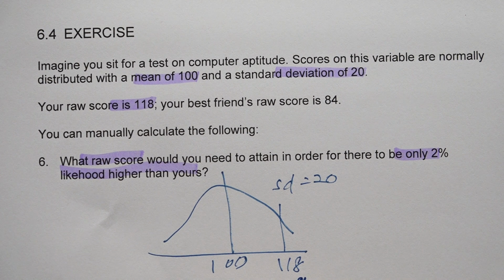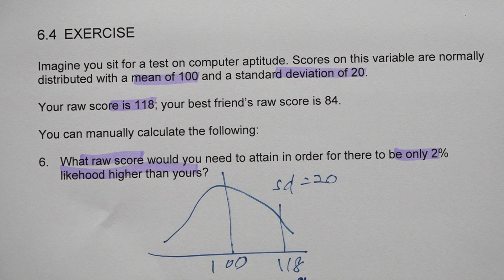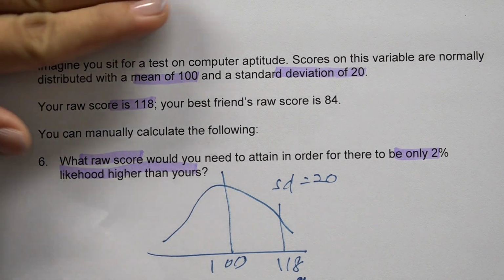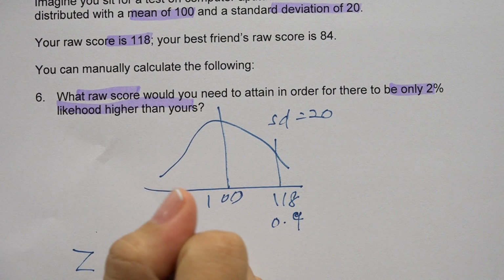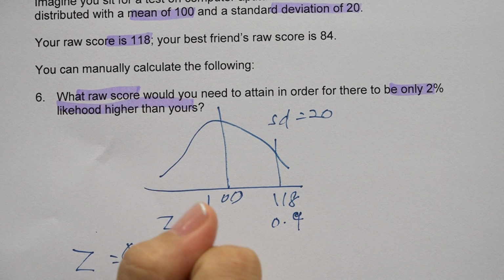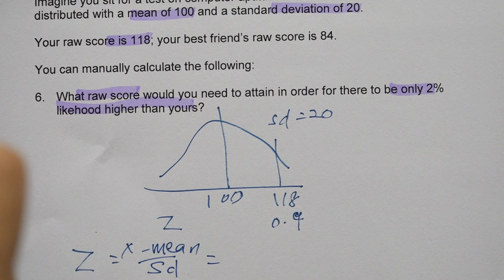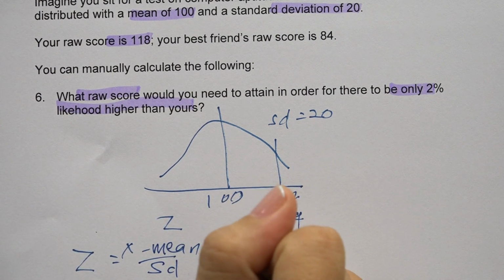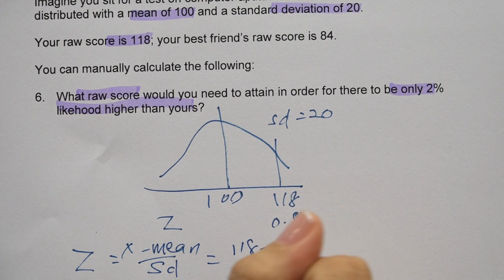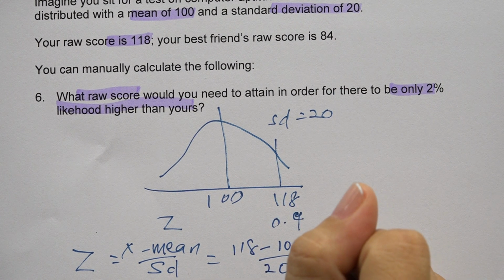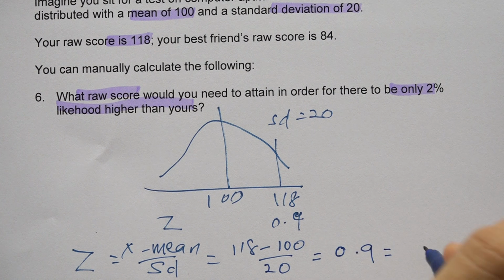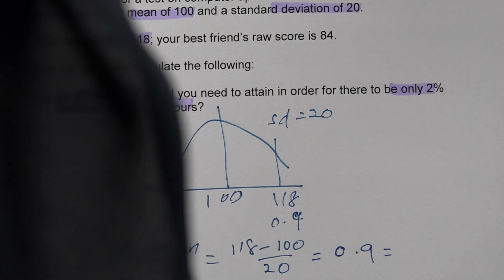How do we get 0.9? z is equal to x minus the mean over the standard deviation, which is equal to 118 minus 100 divided by 20, which will give you 0.9.